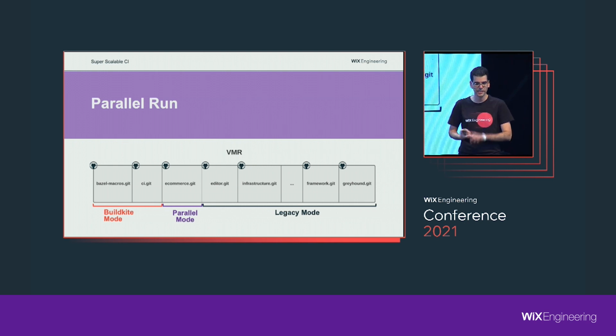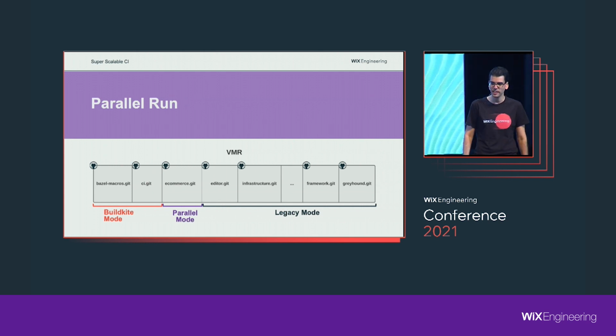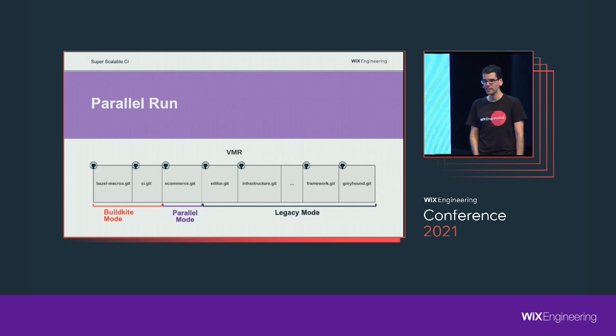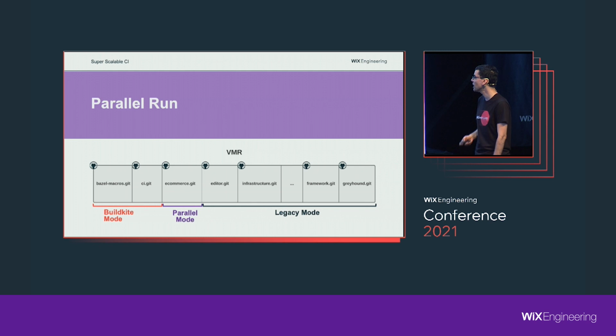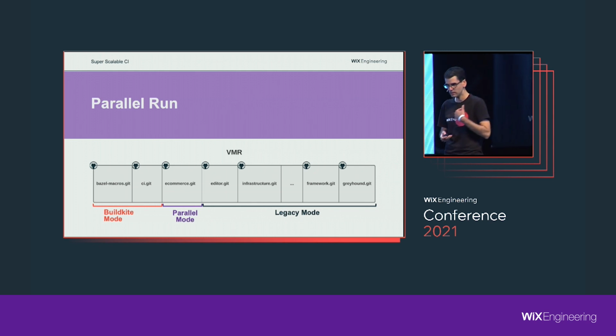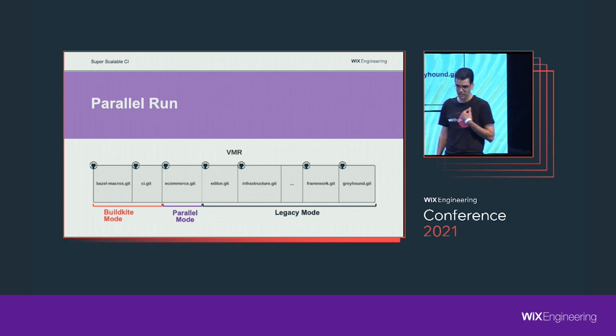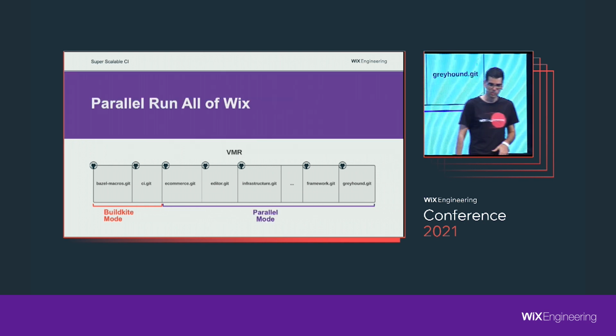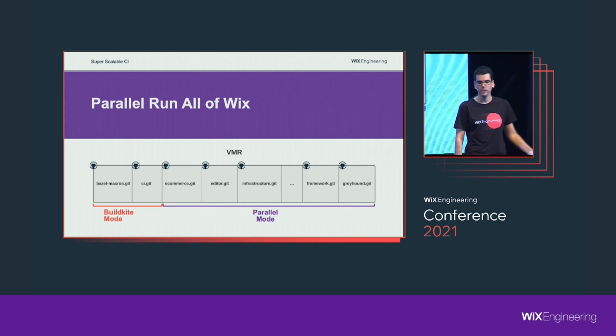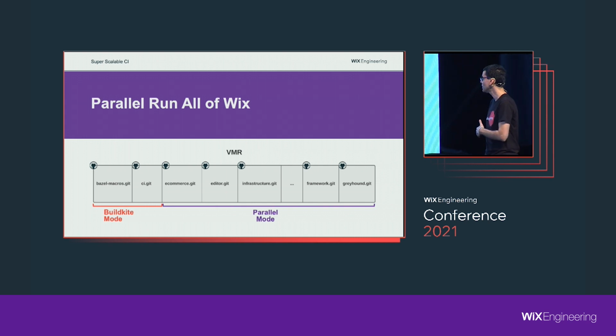They do not affect GitHub status checks, no RC would be created, they can miserably fail and burn, crash and burn, and there would be no impact whatsoever. But again, we are monitoring. DevX is monitoring what is happening. And then, once we have a bit more confidence, we can move all of Wix to parallel mode.